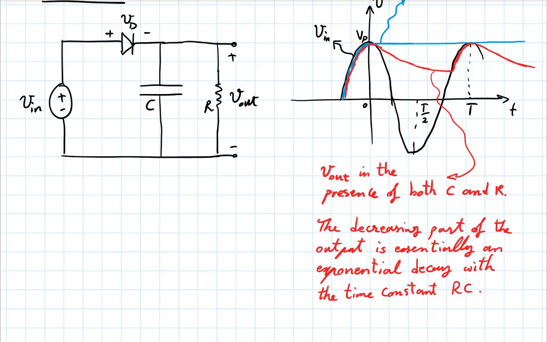If you have difficulty following this, this would be a good time to go home and write the KVLs and KCLs for each of the cases that I'm discussing here, and see if Vin is positive, how that leads to the diode being on, or if Vin reaches that point where it wants to go above V out, how that leads to the diode being on. All of these are in your KVLs and KCLs. Now, this is the behavior of the circuit.